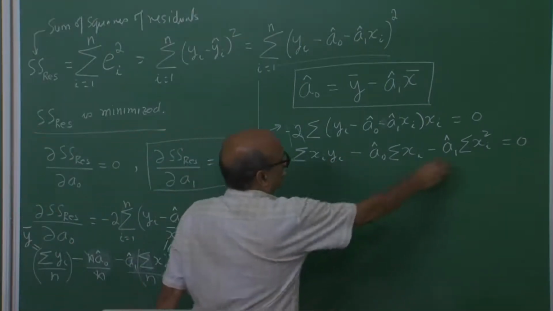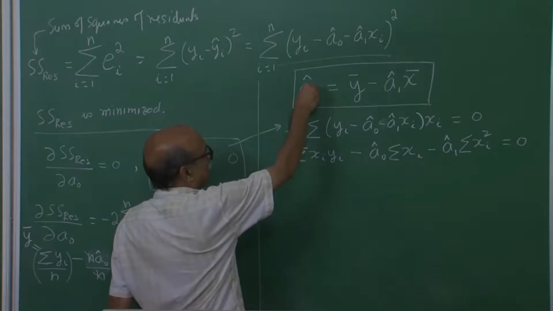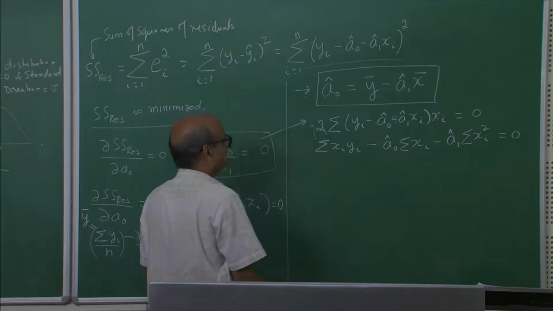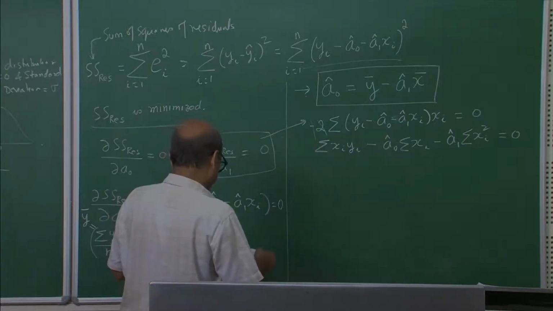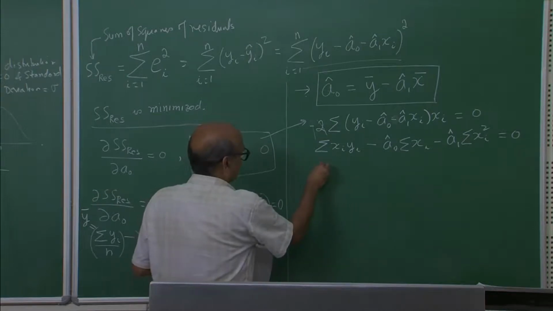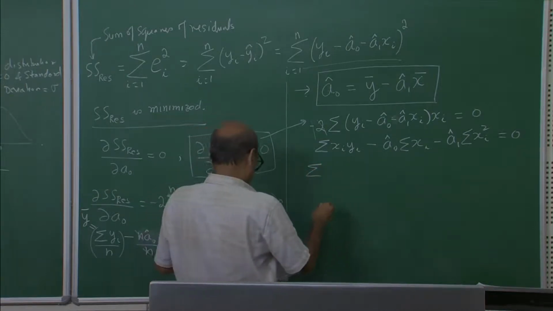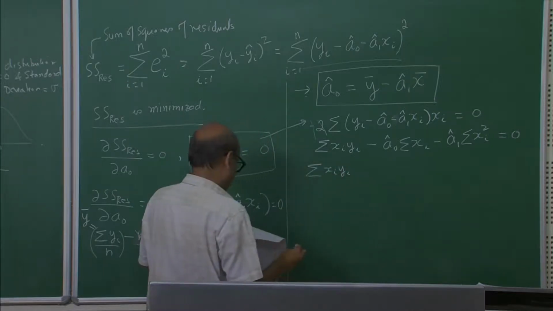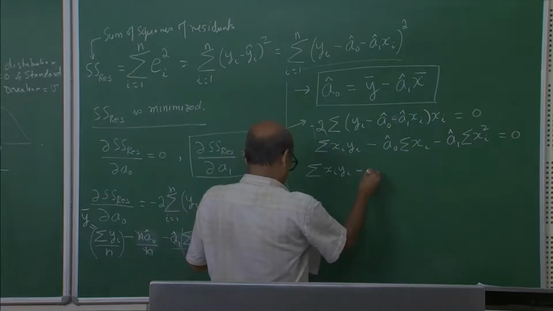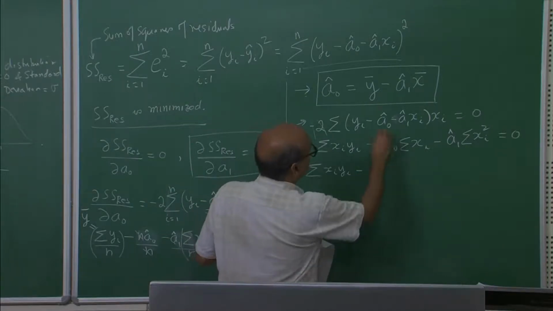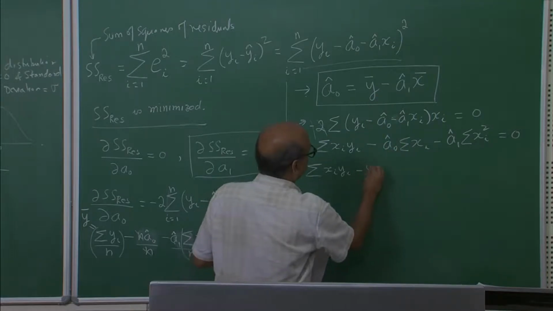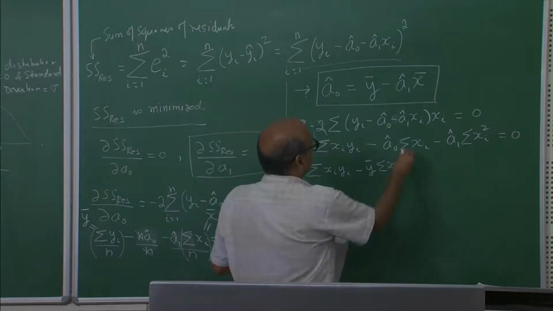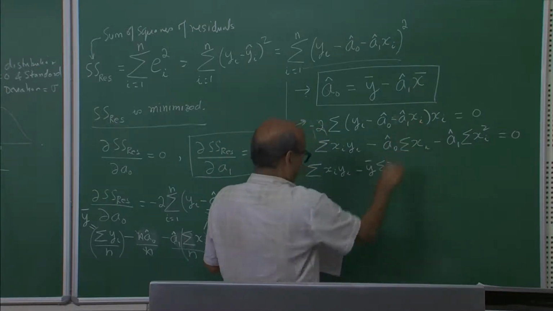Now, in order to solve this, I can substitute a naught cap from this result into this equation, and when I do this, I get summation xi yi minus y bar summation xi, and then a1 cap will also come here.